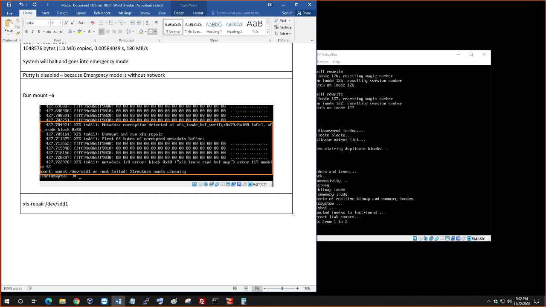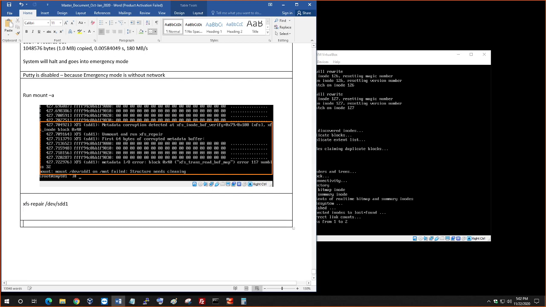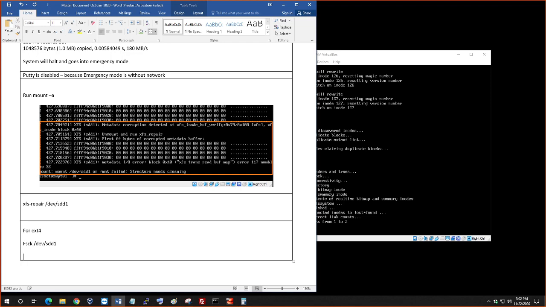Okay, and that is for xfs. For ext4, run the command fsck, file system check, /dev/sdd1. Okay, I'm going to end in a few minutes here.